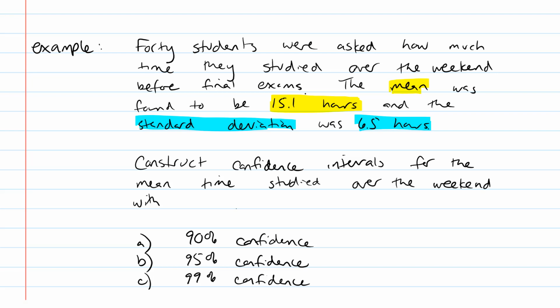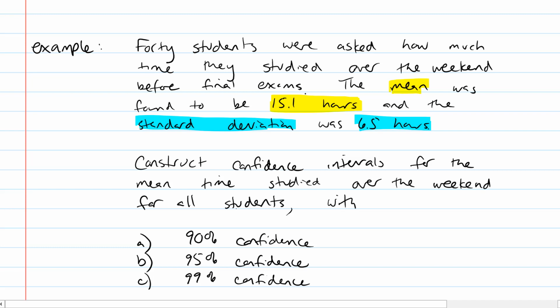and I suppose I really should change that wording for all students. So the idea here is that we've got sample info, and what we want to find is the population mean, or rather to estimate it based on incomplete information.